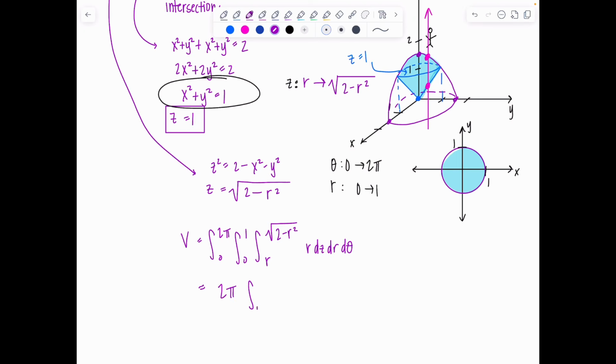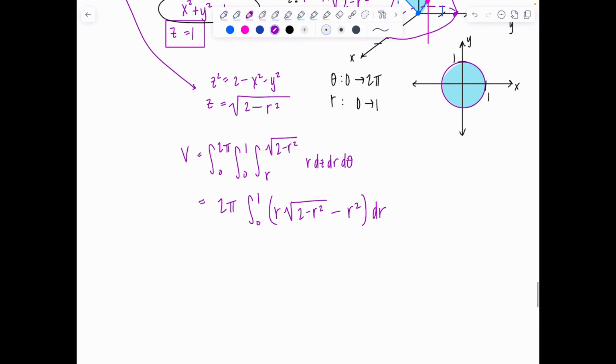Then we have 0 to 1. If I integrate with respect to z, I'm just going to pick up a z, upper limit minus lower limit. So let's just cut to the chase. We'll have r times the square root of 2 minus r squared, minus r squared, dr. Good? Okay, now for this first term, you would need to do a u sub, but we can just mentally walk through it.